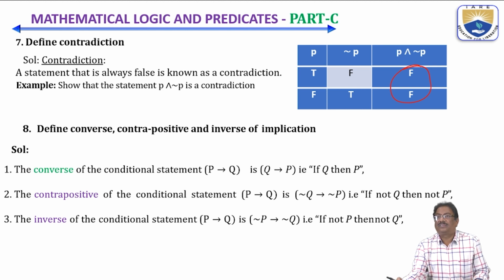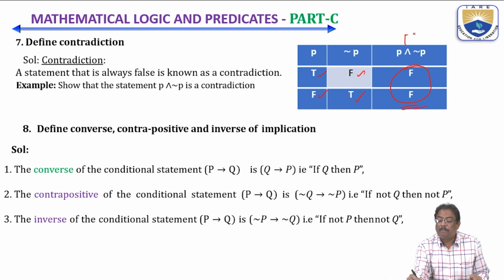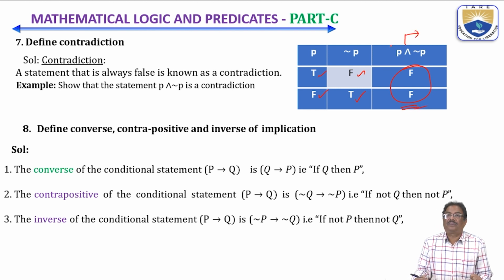So here I am just taking one proposition, P. It has truth values true and false, and the negation of P has false and true. Then P and negation P we are going to get this. So we can say that P and negation P is a contradiction.